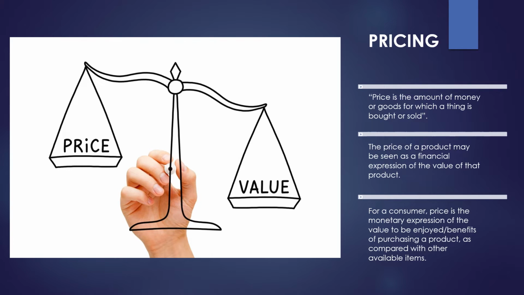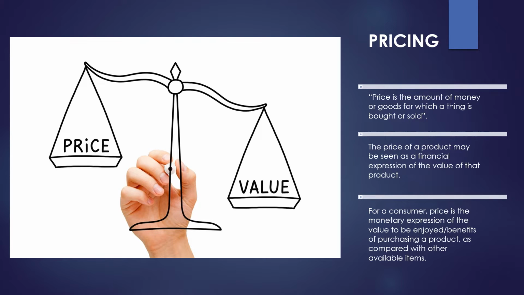So basically, price is the amount of money or goods for which a thing or article is bought or sold. You may pay money or money's worth, like goods, which is called barter exchange. It is not in practice today.